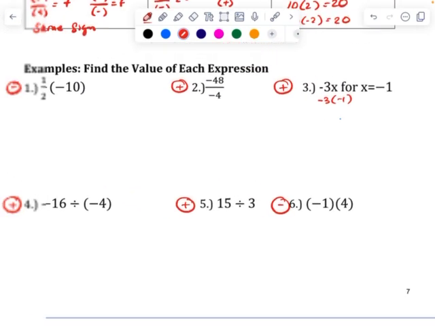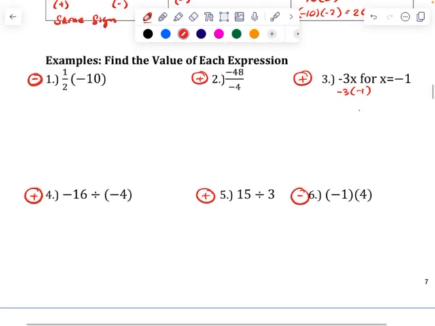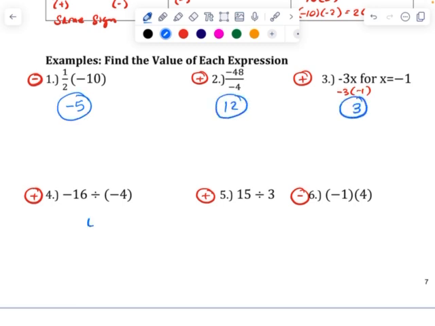Now, go ahead, hit pause, and find the value of each expression. All right, your answers should match mine. I'm writing them in blue and circling them. And notice that the sign that I wrote before should match the sign of the answer.